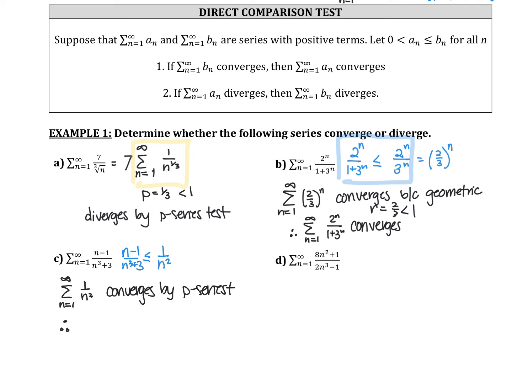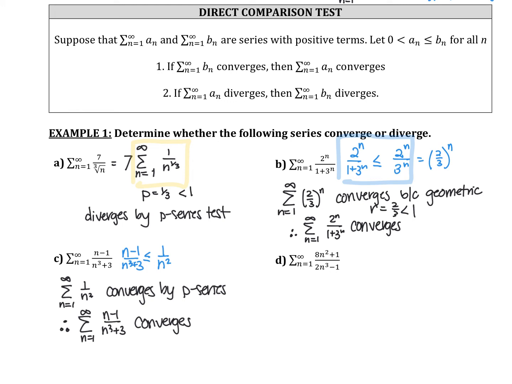Therefore, we know that the series from 1 to infinity of n minus 1 over n cubed plus 3 also converges because it's less than that series. We have to make these comparisons. We need to show that they're less than. We need to explain we know this converges, and then what result does that give us?